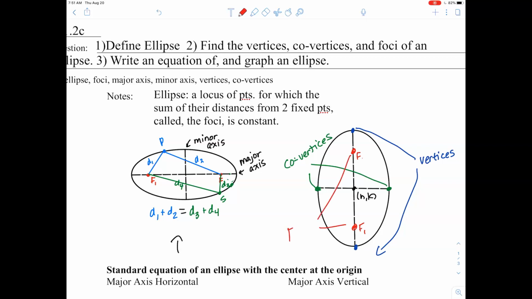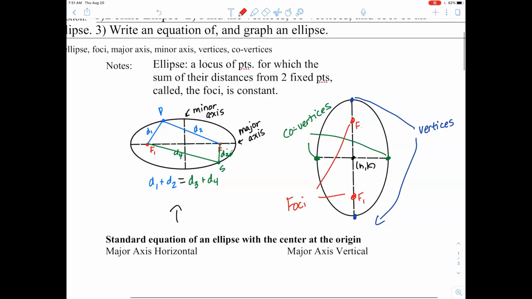These are your foci. Okay? And so foci, like I said, is just the plural of focus. Vertices is the plural of vertex. Okay? All right. And so you can use this information to help you understand a little bit better the vocabulary that goes with ellipses.